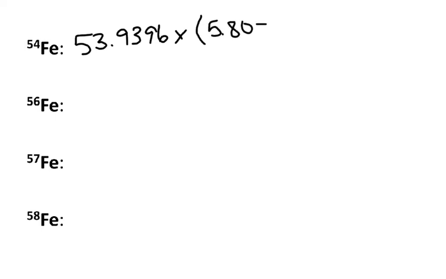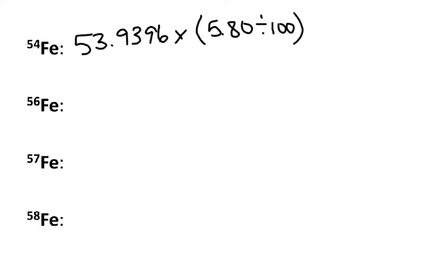Okay, so let's look at the 54. So we're going to take the atomic mass, which is 53.9396. Now, if we were to take the 5.80 and divide it by 100, we get a small number. And a lot of times, students tend to get mixed up on the zero places. So an easier way of doing it might be just to put the percent in parentheses and then divide it by 100 next to it.